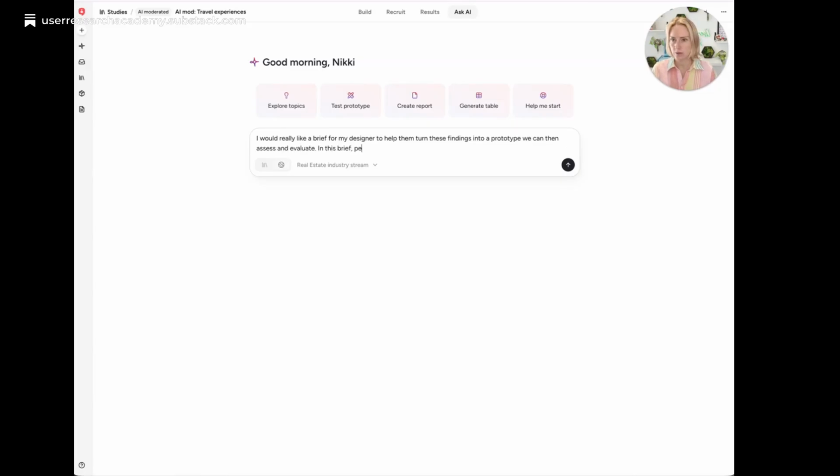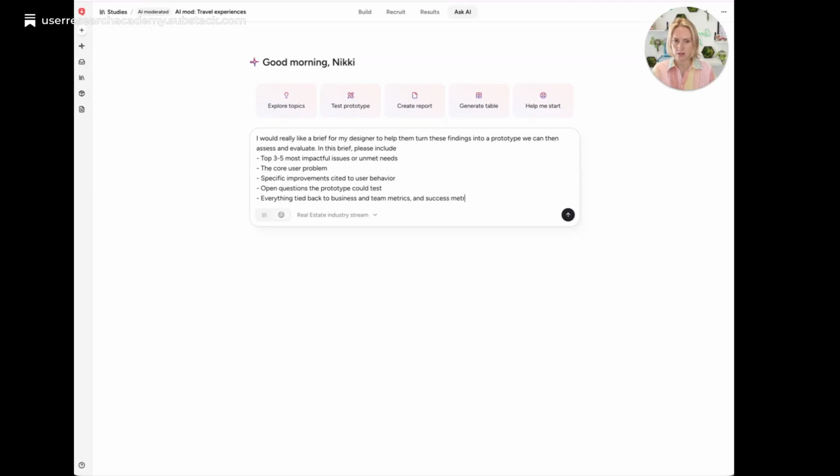In this brief, please include things like top 3 to 5 most impactful issues or unmet needs. I would also say like the core user problem, specific improvements cited to user behavior, open questions the prototype could test. We want everything tied back to business, team, and success metrics per issue. Plain language only, keep it brief.